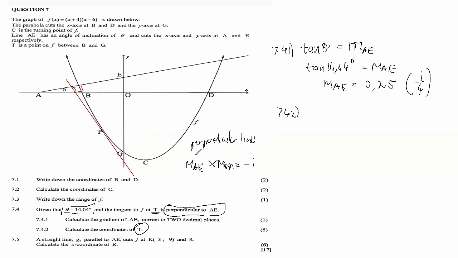But we already calculated the gradient of AE, so we can use that to find the gradient of the tangent. Let's say the gradient of AE multiplied by the gradient of the tangent is equal to -1.